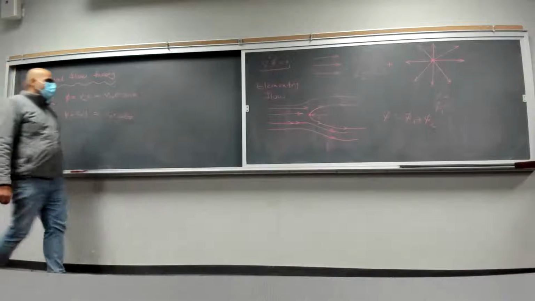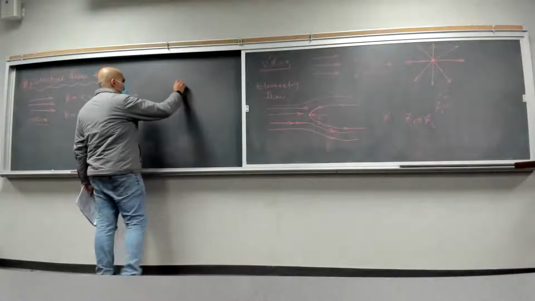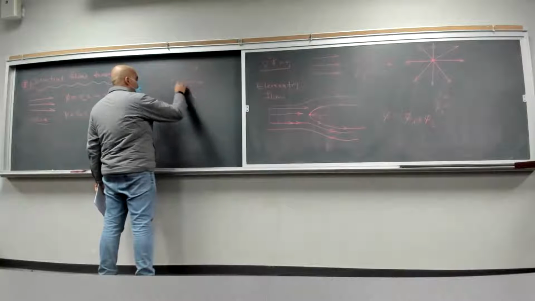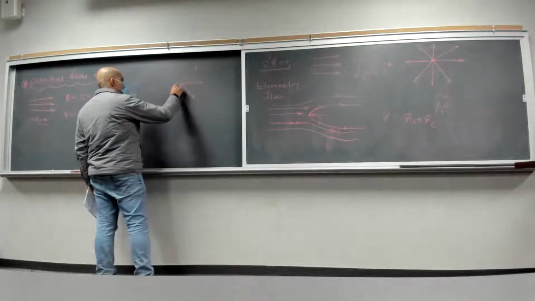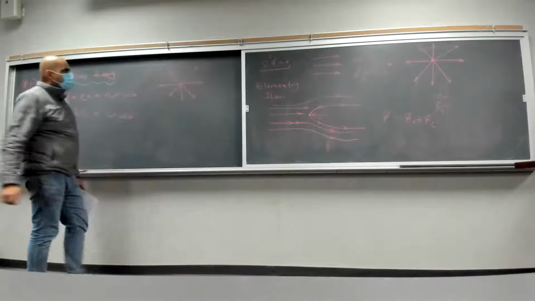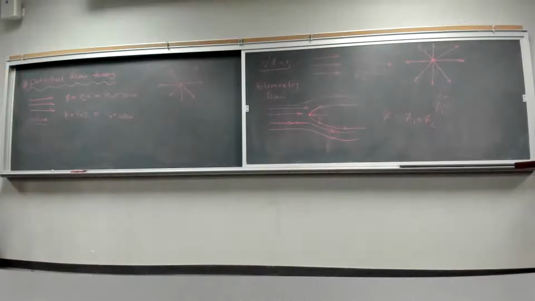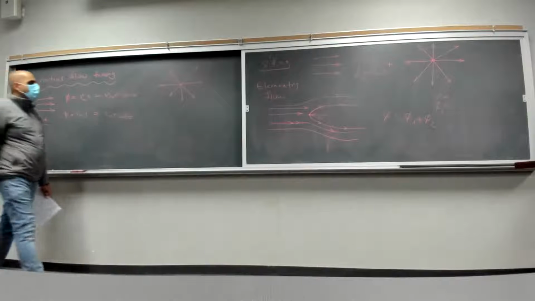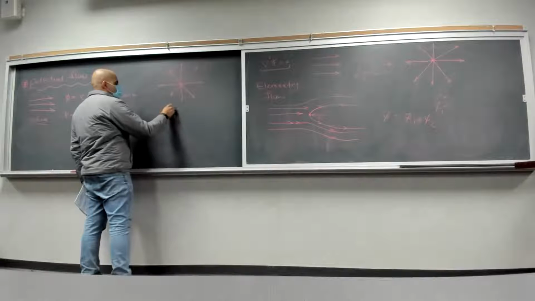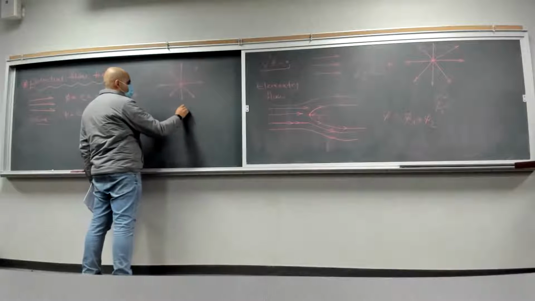Okay. The other type of elementary flow is called the source or sink flow. When the velocity vectors are getting away from your source, this is called the source flow.